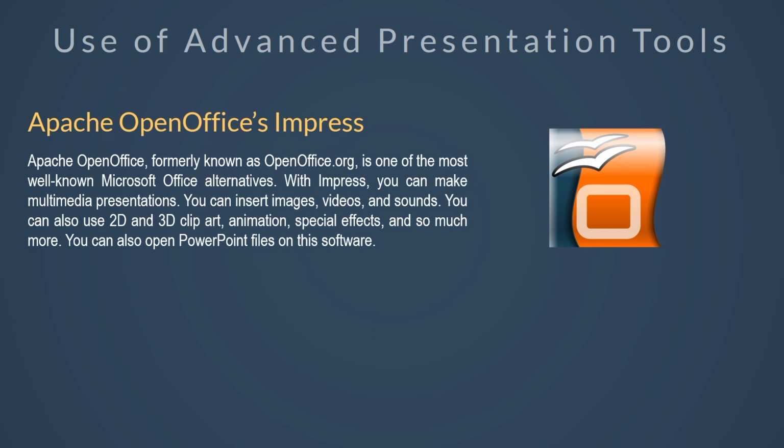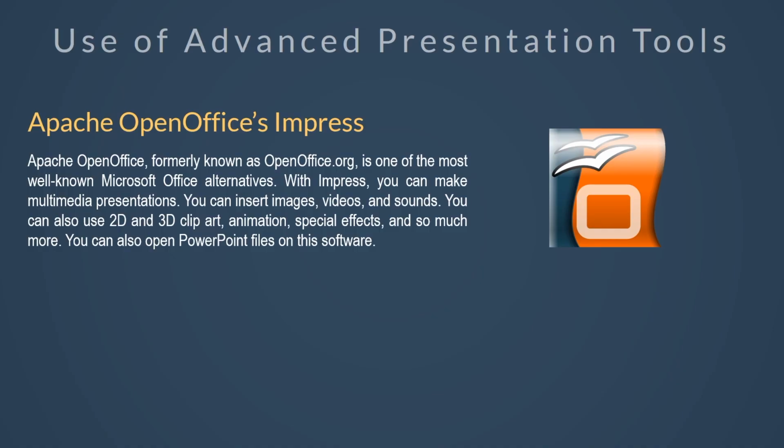You can also use 2D and 3D clip art, animation, special effects and more. You can also open PowerPoint files in this software. This is free and open source software, anyone can use it. It is really a good tool to use.